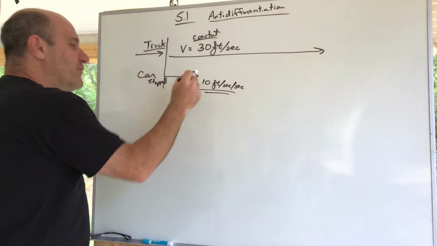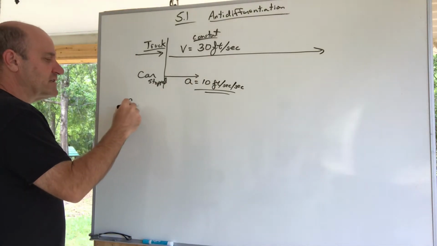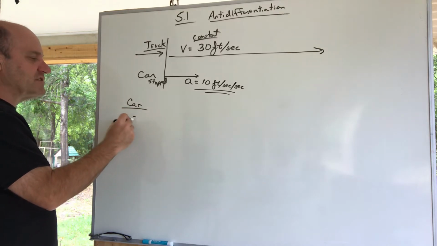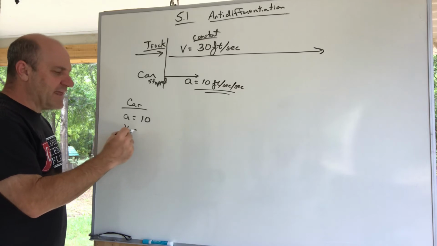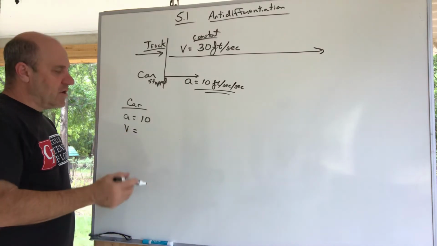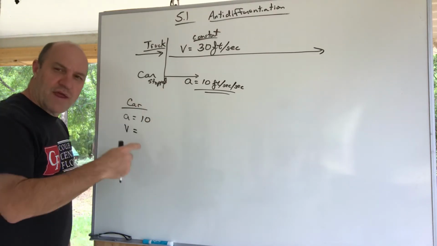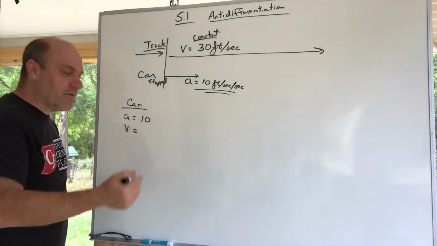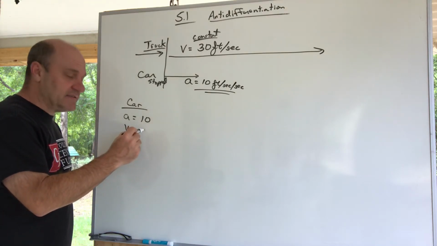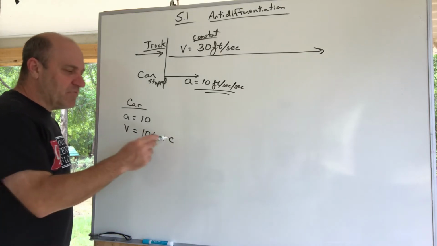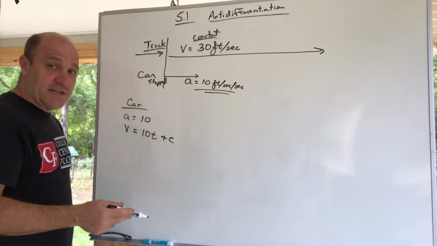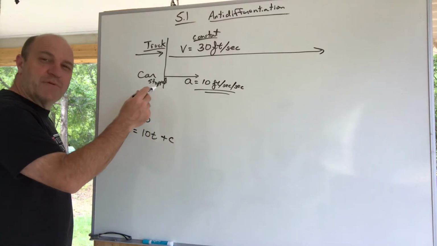So we build a little equation. Here we got the car's acceleration. It's 10. If I integrate, I get the velocity equation. So how do you integrate a 10? The antiderivative with respect to t is 10t, plus c. The plus c is the initial velocity of the car, which was stopped, remember?